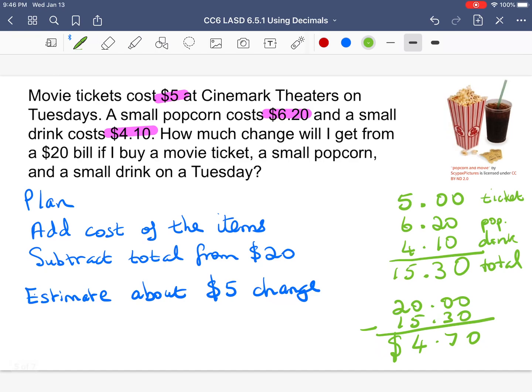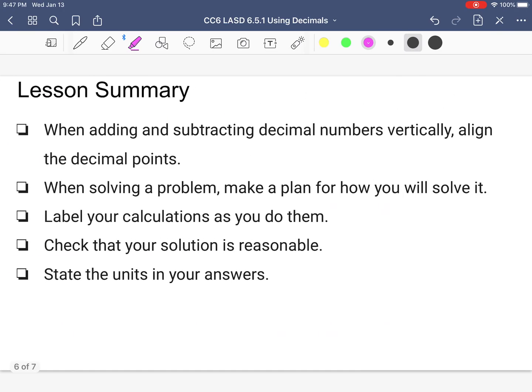So you can see that I labelled the $5 was the ticket, $6.20 was the popcorn, $4.10 was the drink. So I can then check that I've got the cost of everything going back to the words, tickets, popcorn and drink, okay, and then $15.30 is the total. So I labelled as I went along to help me make sense of my numbers at the end.